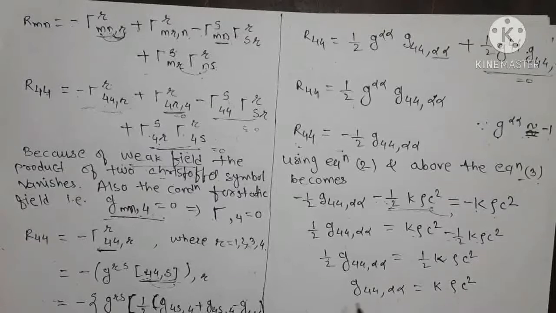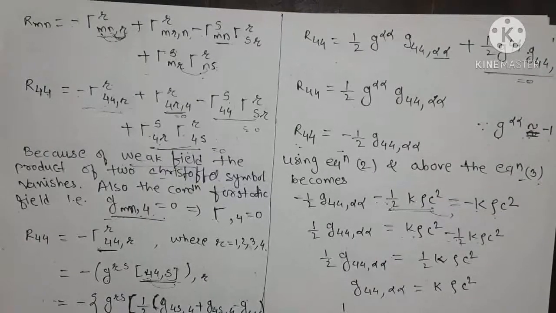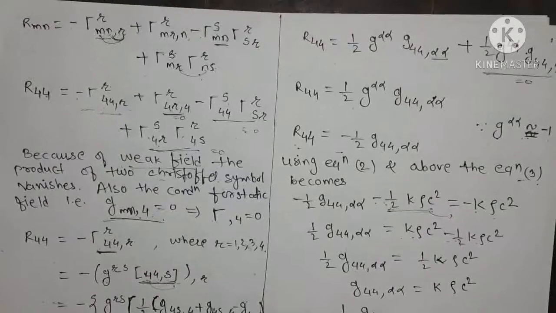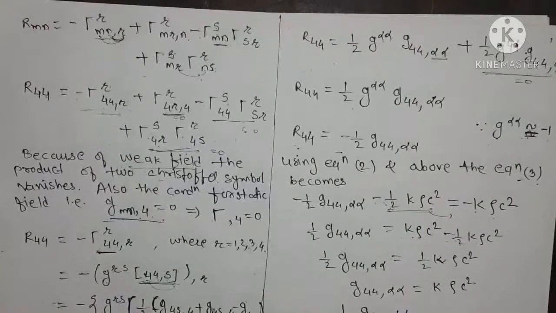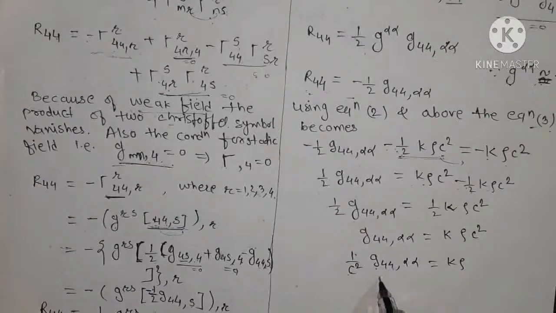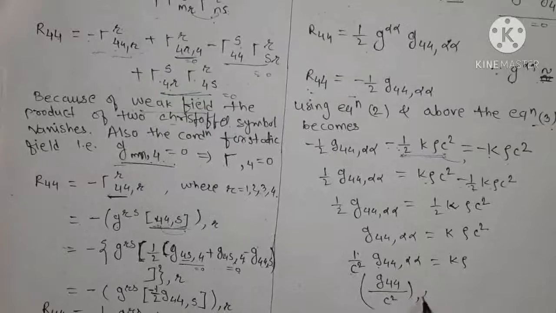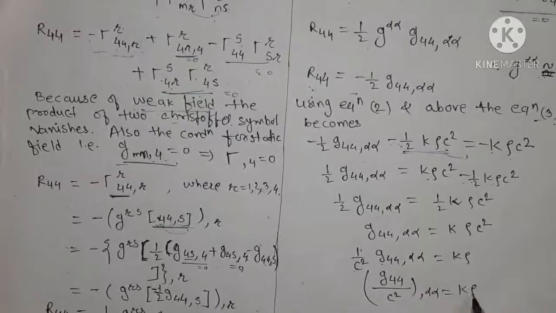Now we take this c squared to the side, so it is 1/c squared g_{44,alpha alpha}, which equals k times rho. As 1/c squared is constant, we can take it inside the derivative and write this as (g_{44}/c squared),alpha alpha equals k times rho.